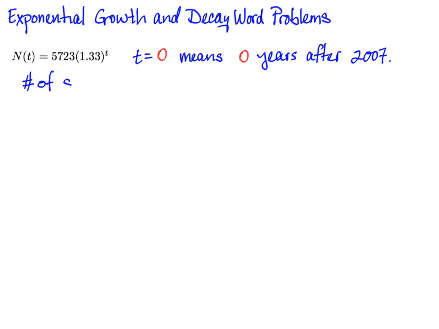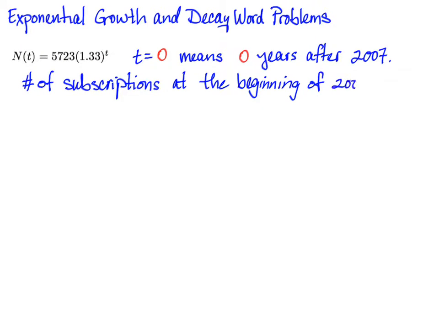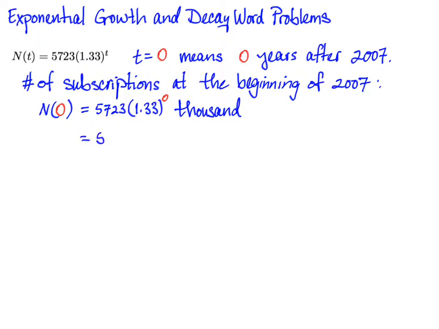So if we wanted to know the number of subscriptions at the beginning of the year 2007, all we had to do was plug in 0 into that function n. So n of 0 is 5,723 times 1.33 to the 0, and that was thousands.